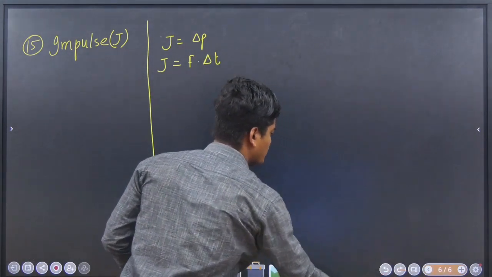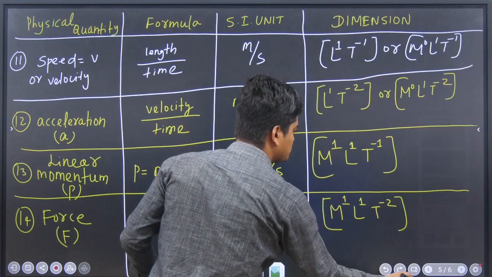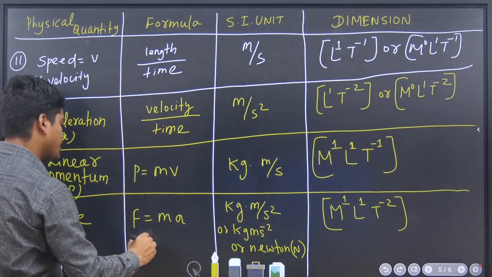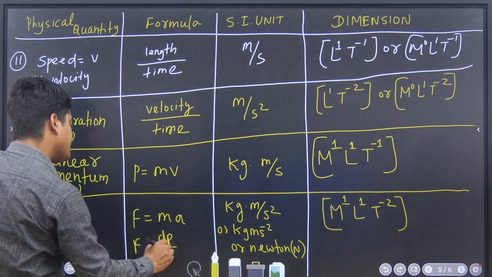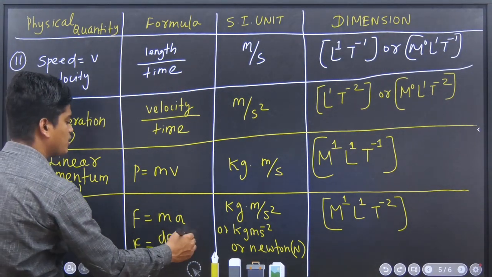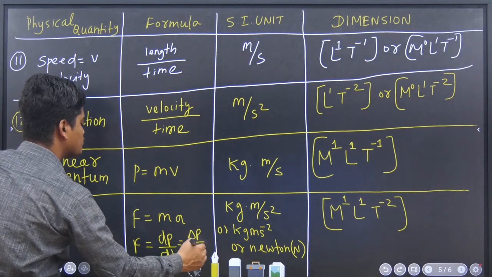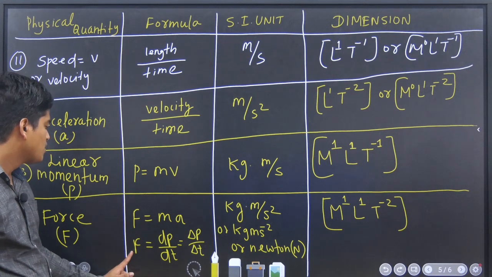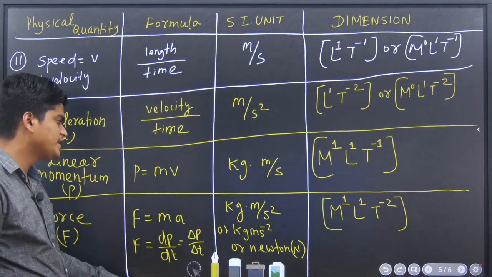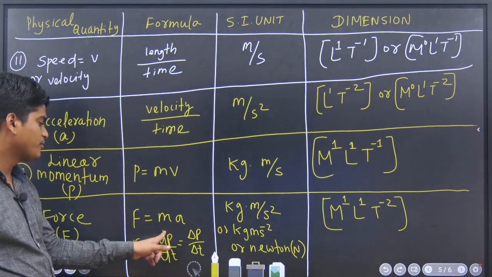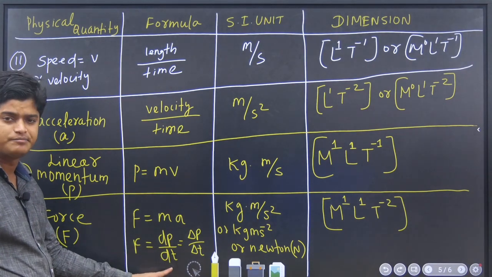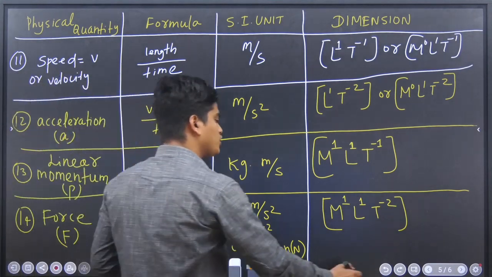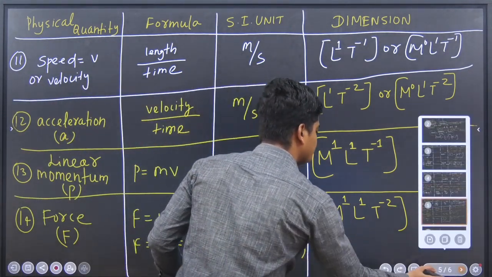Force can also be written as change in momentum by change in time, dp by dt, or delta p by delta t. This is the actual definition of force. So F equal to ma, F equal to dp by dt, where dp is the change in momentum and dt is the change in time. If you want to find the change in momentum, it will be force into delta t. So impulse is basically nothing but what is that?